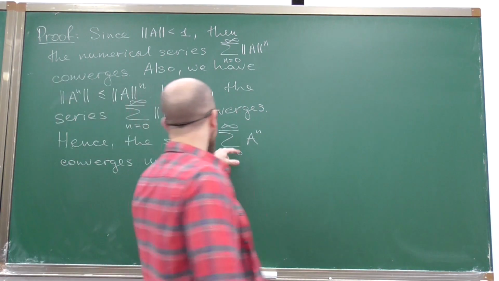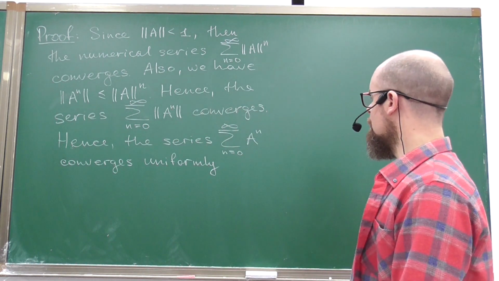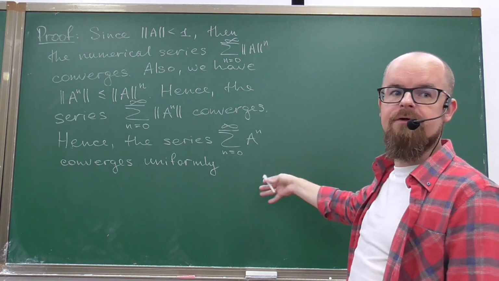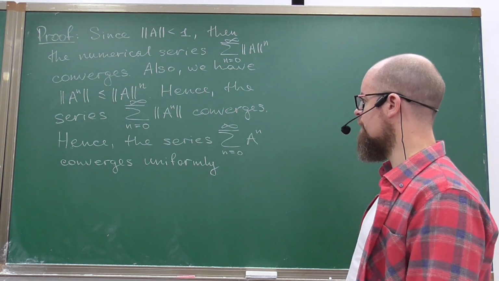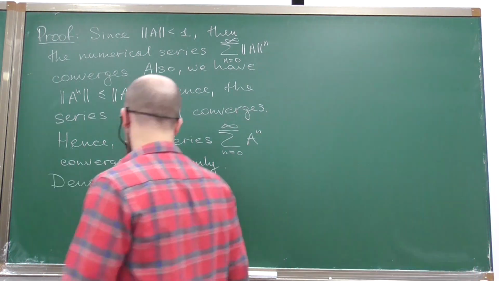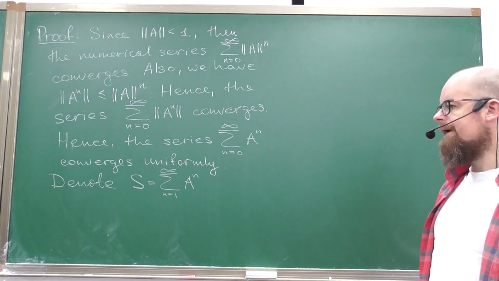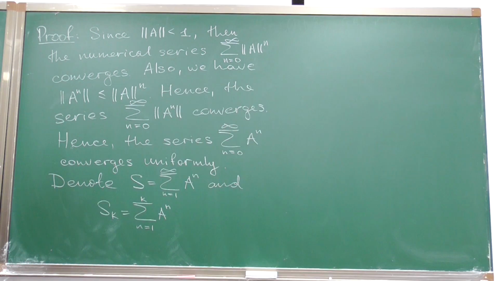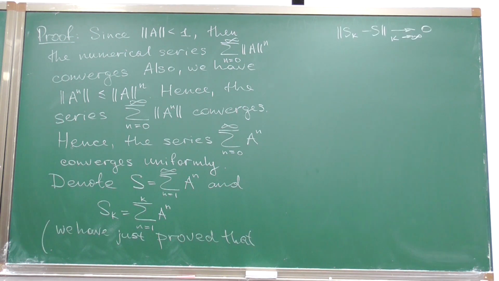Well, this series converges to some element of the space, so to an operator. Let me define this operator by S, and let me denote by S sub k the partial sums of this series. Let me just mention that we have just proved that this sequence S_k converges to S uniformly.